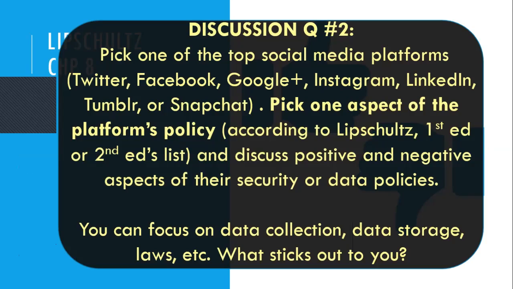You can use either the first edition or the second edition of Lipschultz and discuss positive and negative aspects of their security or data policies. Maybe you simply pick Facebook and focus on how Facebook collects data, what kind of material they know about Facebook users. So pick something that sticks out to you and discuss the positive and negative aspects of that platform.